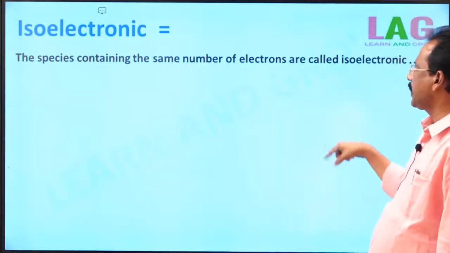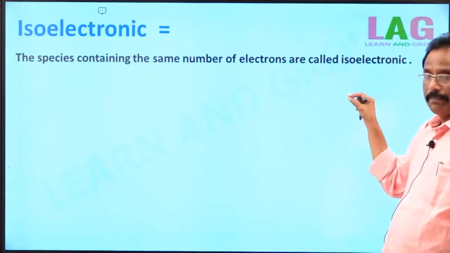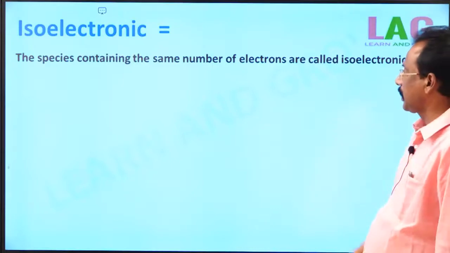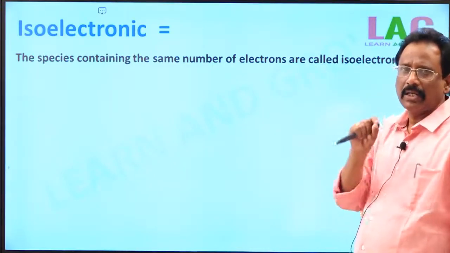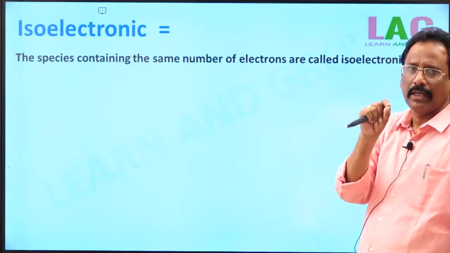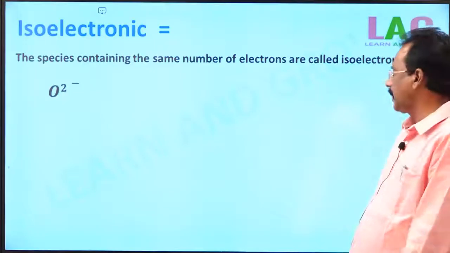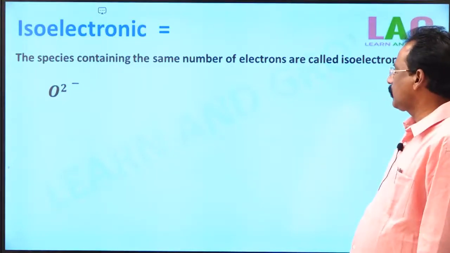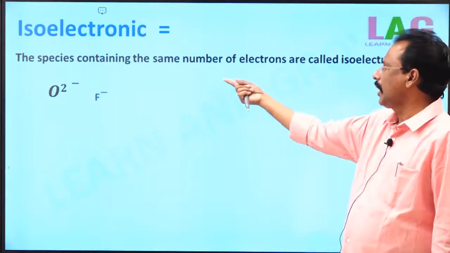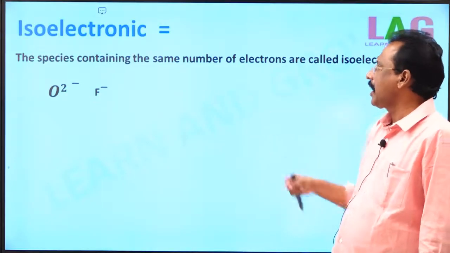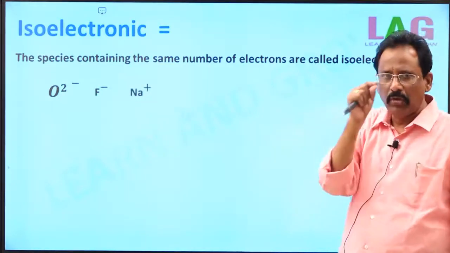And the last one is, what are isoelectronic species? This is a very important point in the language of chemistry. Ions having the same number of electrons are known as isoelectronic species. For example, in the oxide ion the total number of electrons is equal to 10.